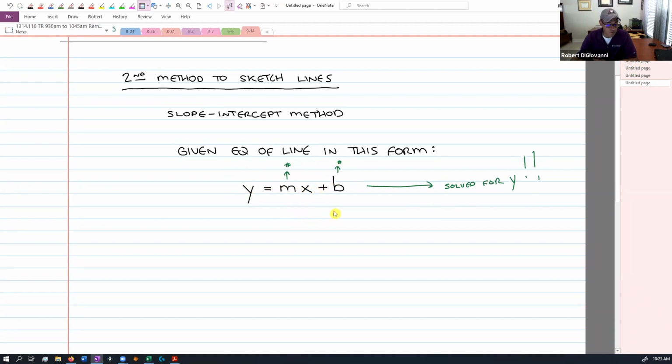Anytime you have an equation written in this form, that is called the slope-intercept form. The m will always be your rise over run, and the b will always be equal to your y-intercept.